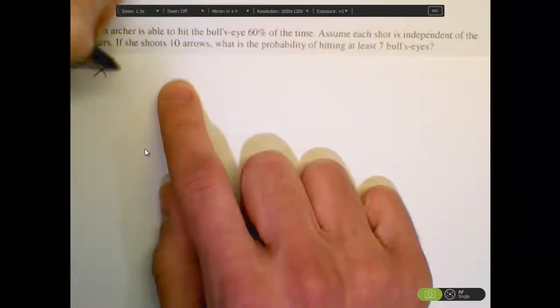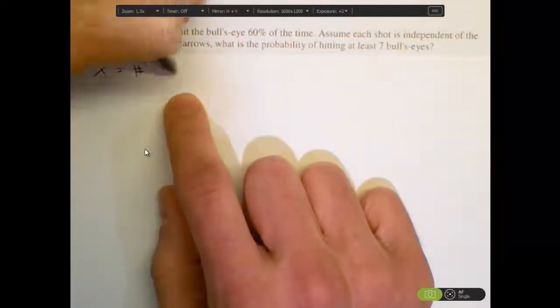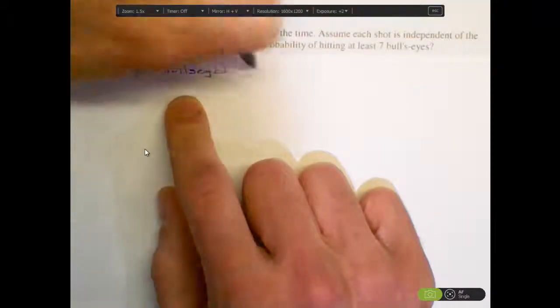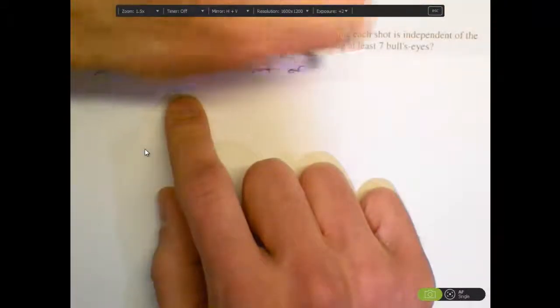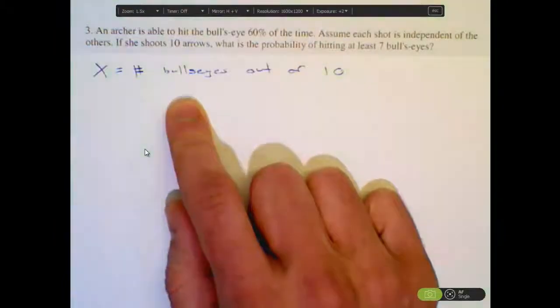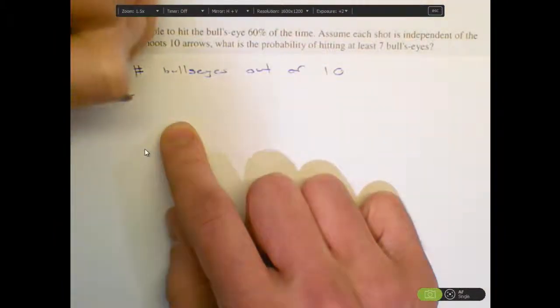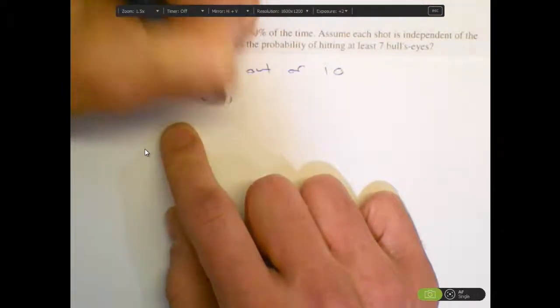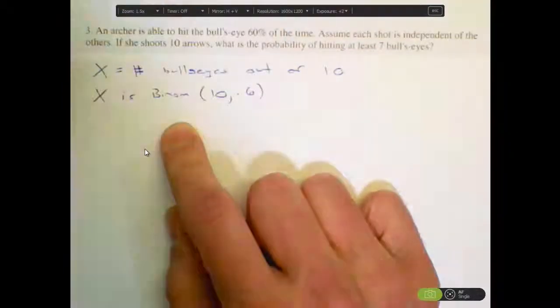So identify a random variable. X is the number of bullseyes out of 10. We need to include that number of trials. X is binomial. You have 2 parameters, n and p, 10 and 0.6.